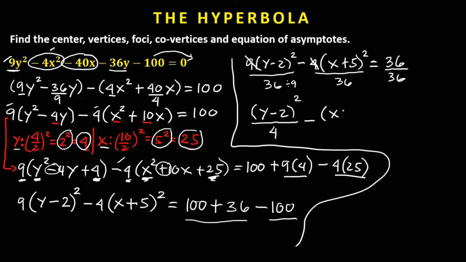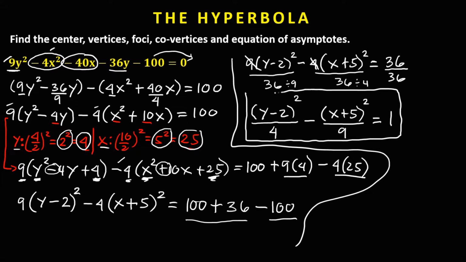So we have x plus 5 quantity to the power 2, then over this 36 divided by 4, that's 9, then equals 36 divided by 36, that's 1. So this is now the standard equation for this hyperbola.